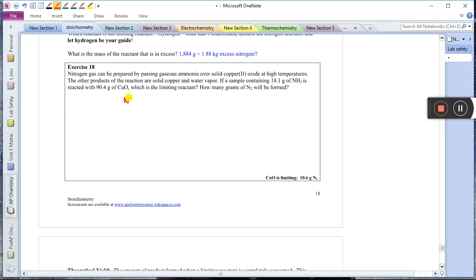So ammonia is NH3 plus copper 2 oxide. What's the formula for copper 2 oxide? CuO. That would be carbon monoxide, by the way. And the products are what? Nitrogen gas, which is N2, plus solid copper, so just Cu, and water.